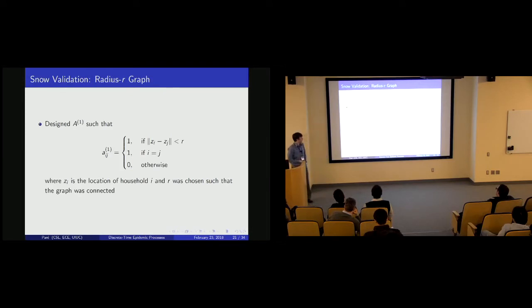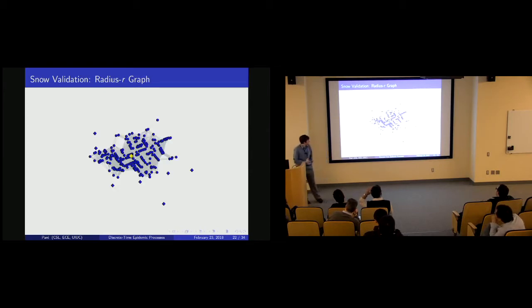So the first graph structure that we're going to try out is just the naive approach. If it was spreading through the air, as was commonly believed at the time, then it would be spreading equally among neighbors. So we're letting, if they were close enough, they're connected. So it looks like this.